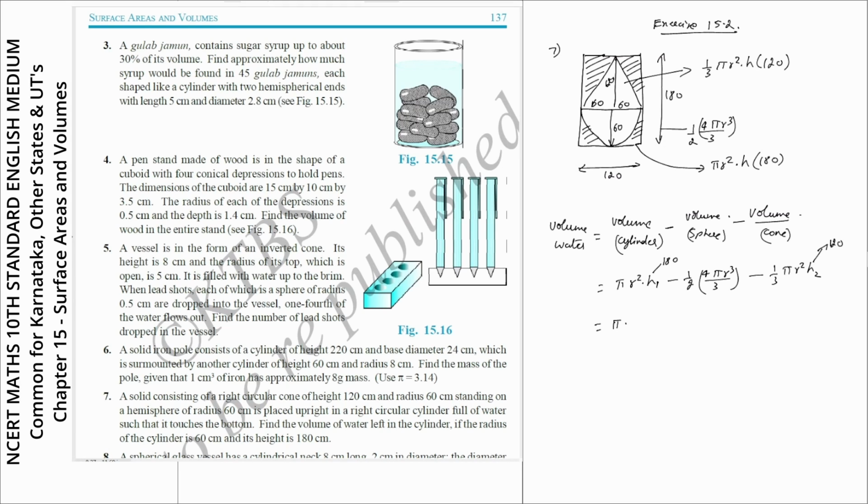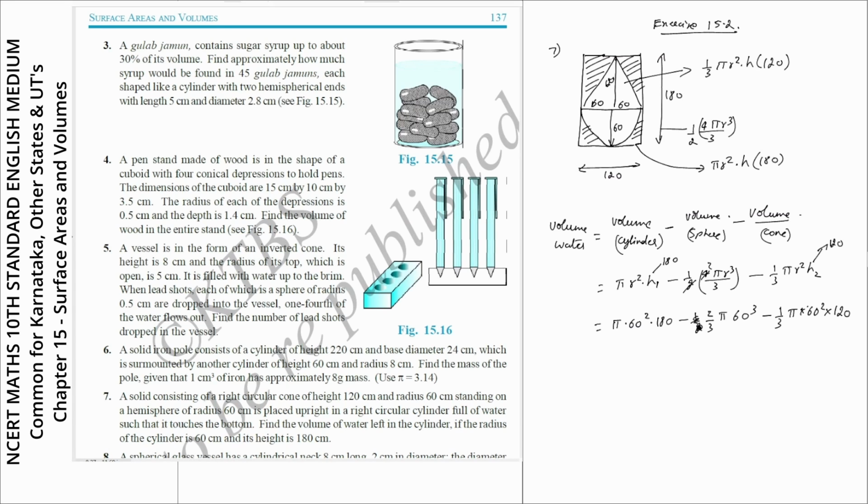Pi, so r is 60 square, h is 180, minus 1/2. So here the 2 will get cancelled, 2 1s are 2, 2 2s are 4, so 2/3 into pi, r is 60, so 60 cube, minus 1/3 pi into 60 square into h, here h is 120.